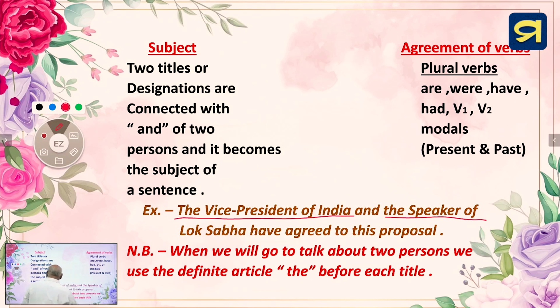The Speaker of Lok Sabha, another designation. And these two designations are joined with "and", and they both are considered as two persons and they take the plural verb "have".